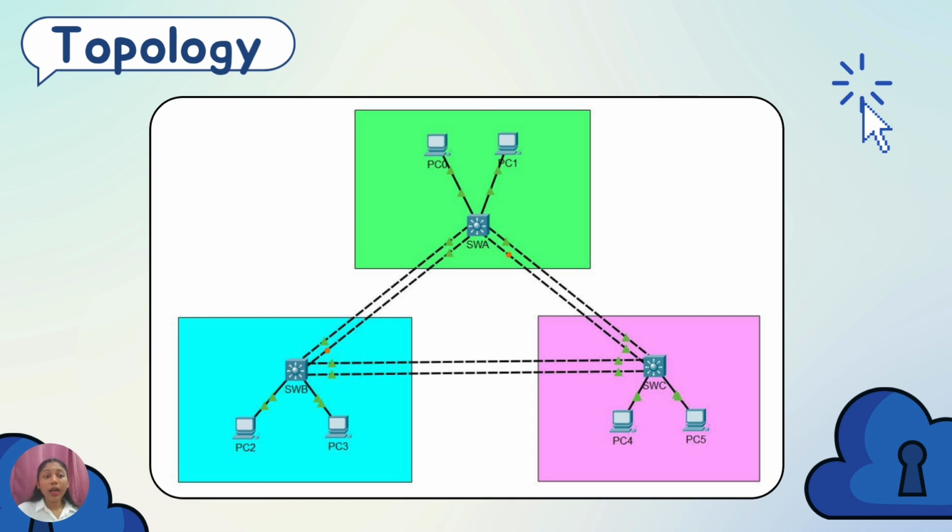The dotted black lines between the switches represent trunk links configured to carry traffic for multiple VLANs across each connection. These trunk links are also configured as port channels using EtherChannel, which combines multiple physical links into one logical link.